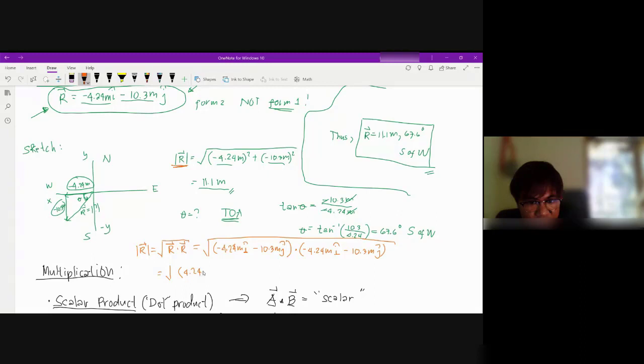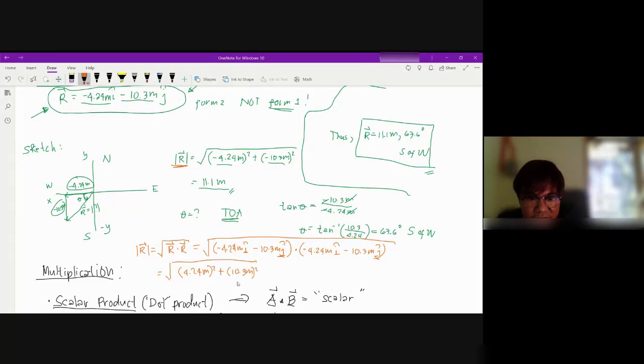So that's why this becomes 4.24 meters squared. Negative times negative is positive. So you have 4.24 times 4.24, like squaring it. How about the other one? The other one that contributes is J hat dot J hat. Multiply, negative times negative becomes positive. So you have 10.3 meters squared.